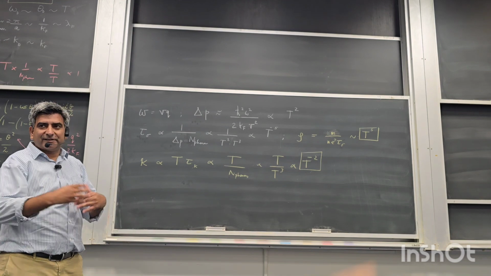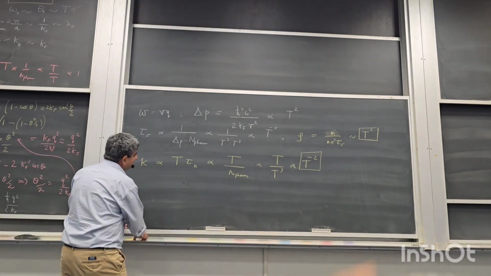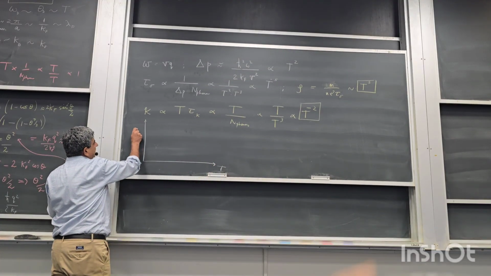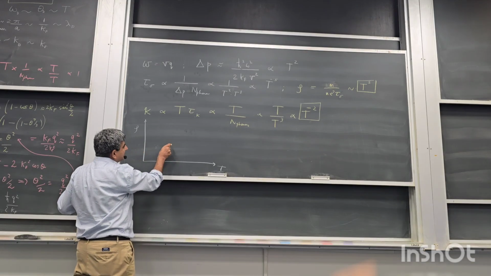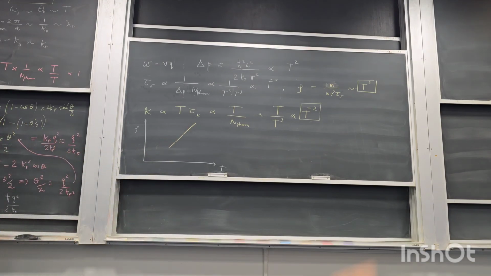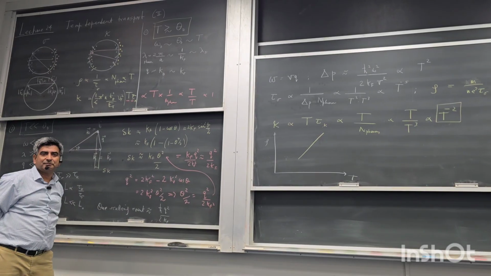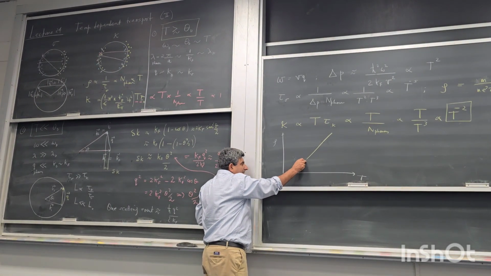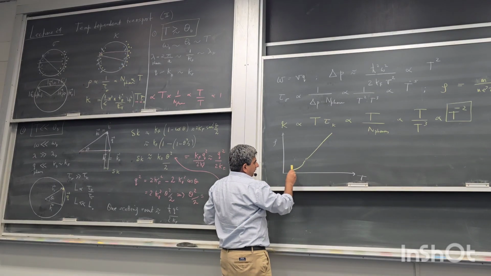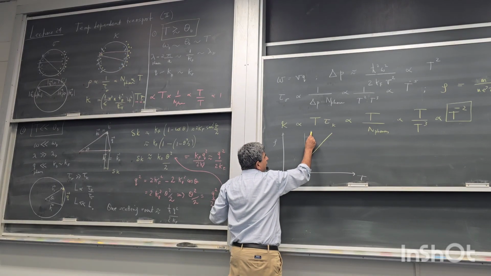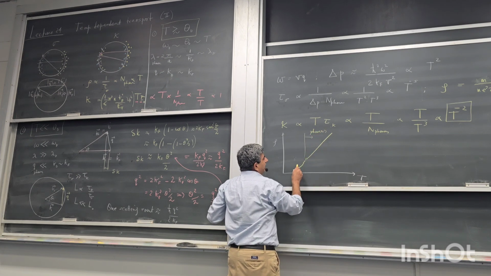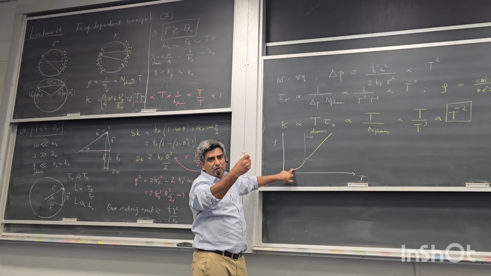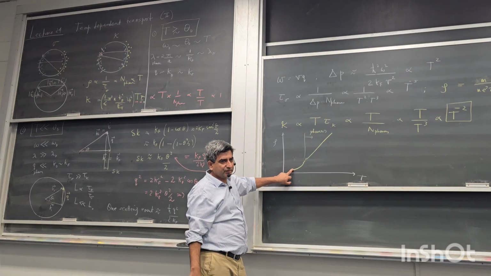So let's make a plot of this and see what's happening. So if I were to draw the temperature here and the electrical resistivity, I know that at large temperatures, rho is proportional to the temperature. At intermediate or low temperatures, here we have scattering due to phonons. Here we do not have enough phonons for this back scattering of the Fermi wave vectors for the electrons.